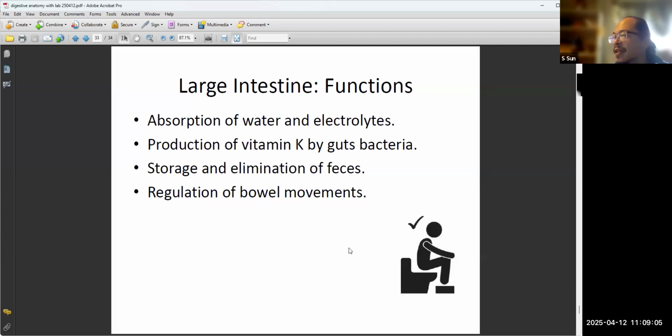So it's good to have a regular bowel movement, meaning that you poop at least once a day or once every other day. That's good.